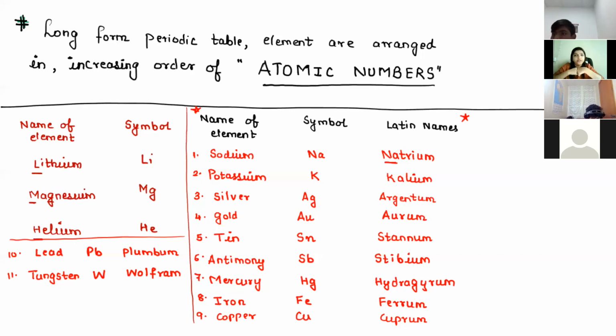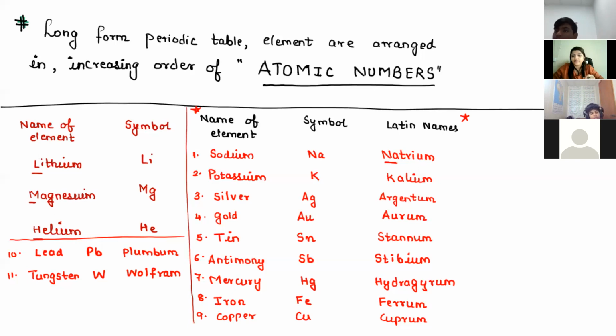Now, based on whatever we have learned till today, we are going to solve some questions in our next upcoming lecture, looking at what kind of questions they can ask and the connection of the periodic table elements with atomic structure.